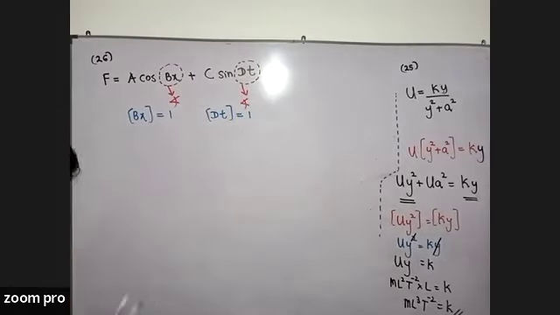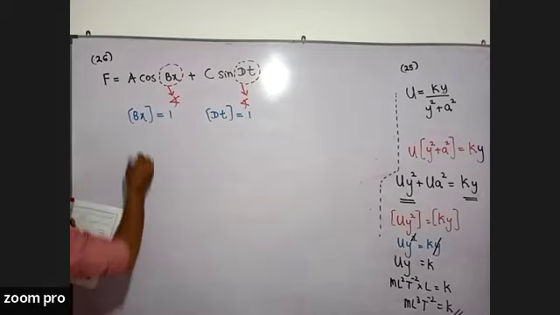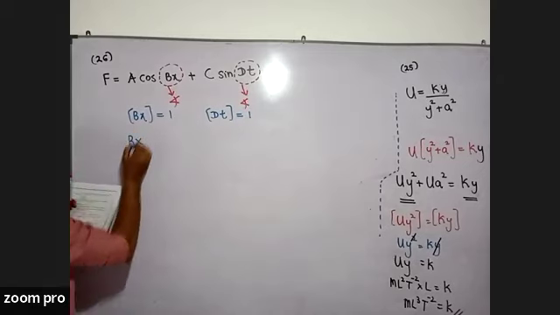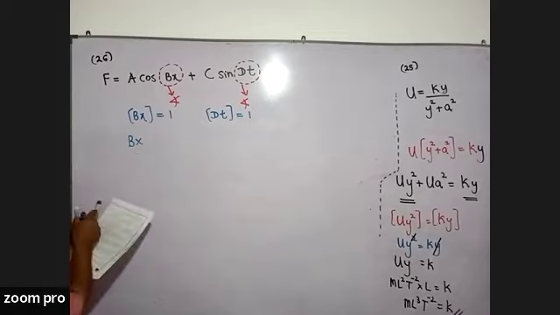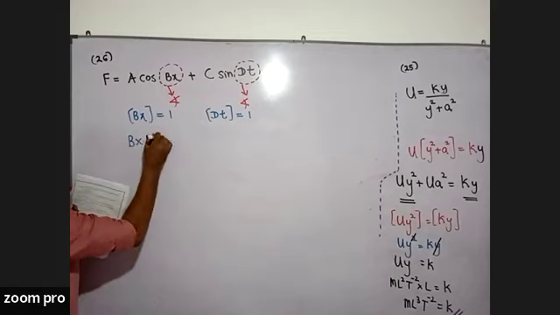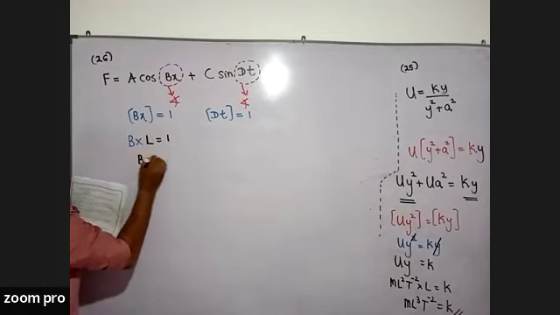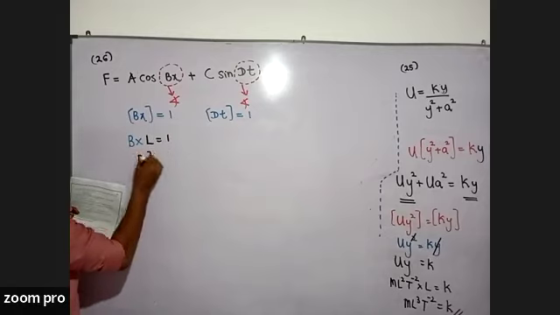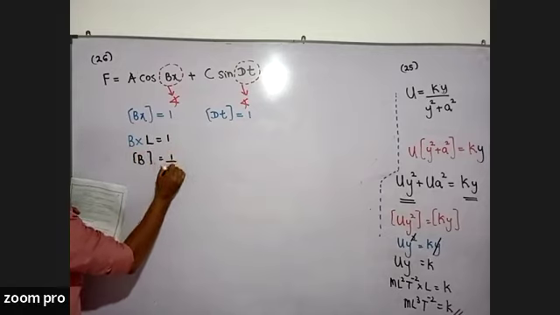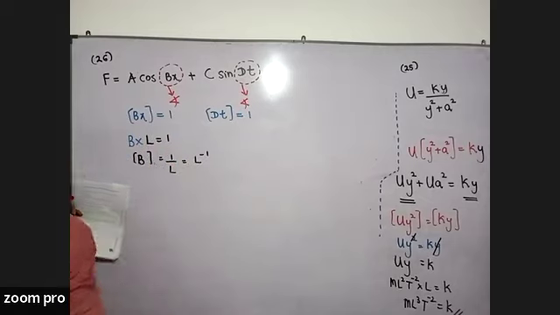So hence we can obtain an answer. Now b into x, where x represents the displacement, so it should be L equal to 1. So dimensions of b should be equal to 1 over L, that means L minus 1.